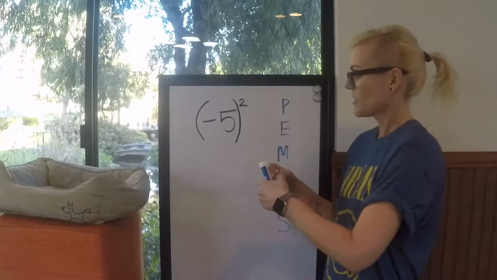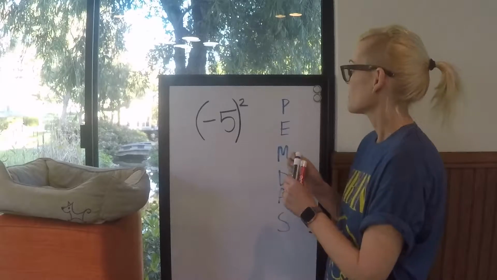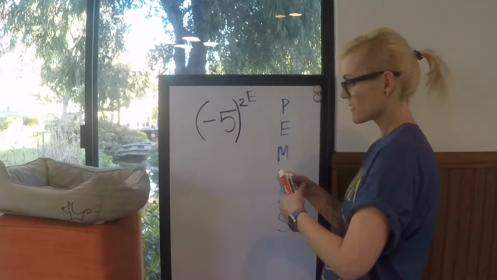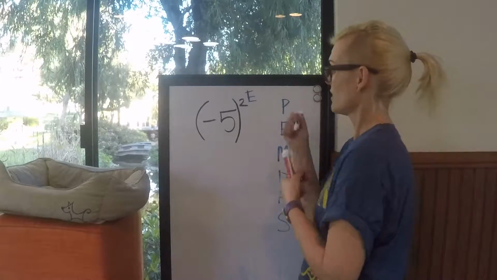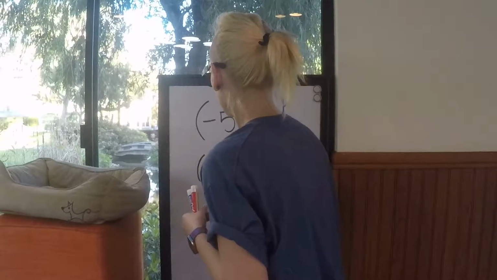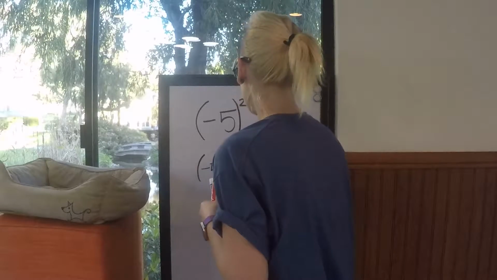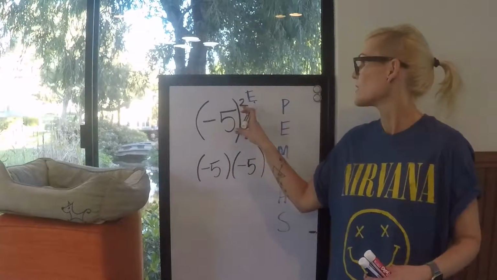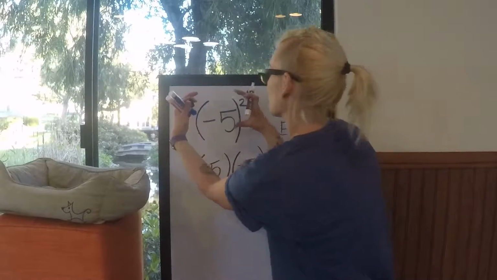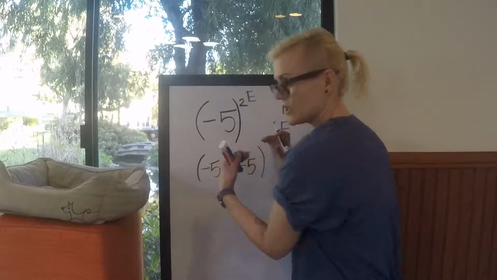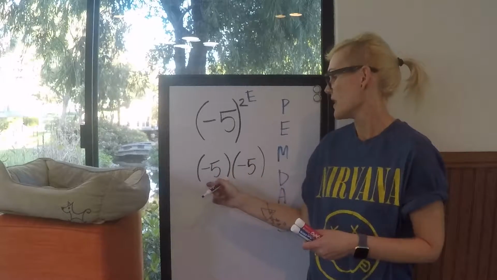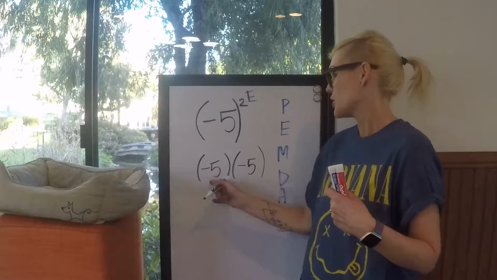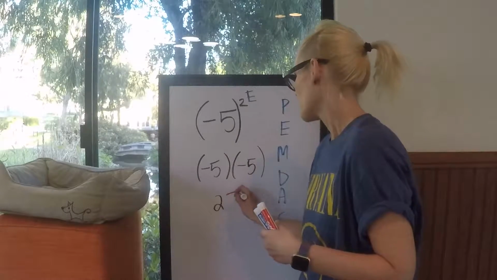So now, the only thing that I see within PEMDAS is exponents. Okay, and what this says is I'm going to do the negative 5 times negative 5. Notice that my negative is inside the parentheses because that 2 means I'm taking this and I'm doing it 2 times. Negative times a negative, we just talked about in the last video, the signs agree. It's going to give me a positive.